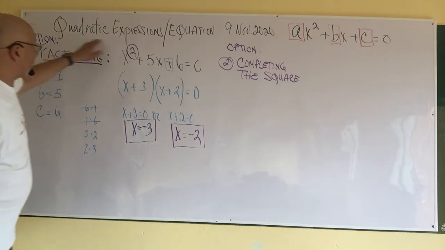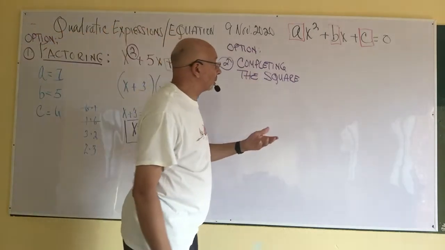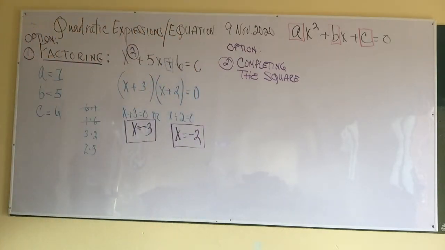So I have quadratic expressions and equations. November 9th, of course, this is November 10th. What I started with yesterday is first giving you the basic understanding of how a quadratic expression is written.